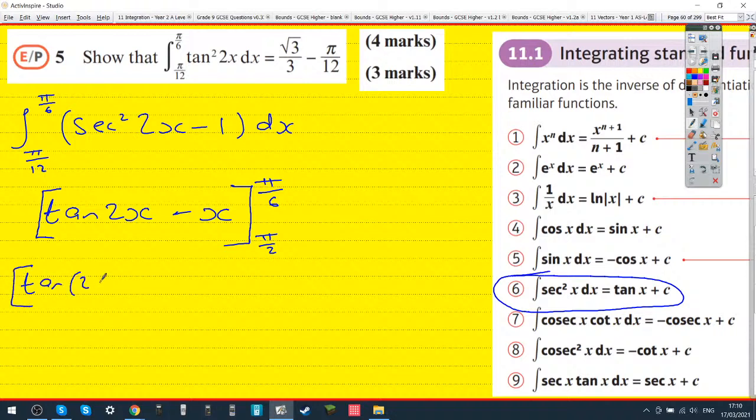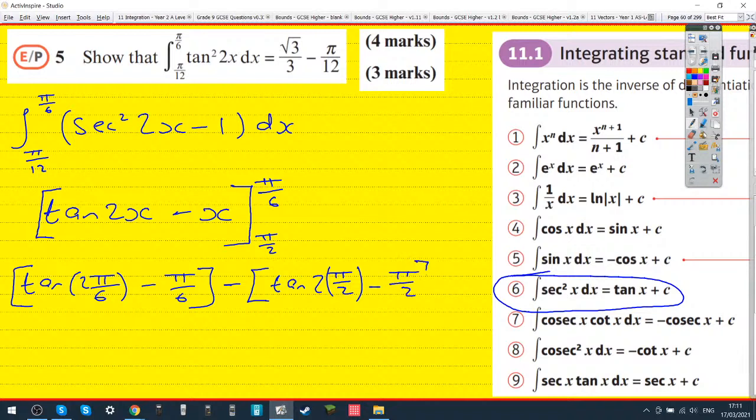So, tan 2 pi over 6 minus pi over 6, minus tan 2 pi over 2 minus pi over 2. You could work them each one out separately, but I think at that stage you could just say you're going to get root 3 over 3 minus pi over 12.